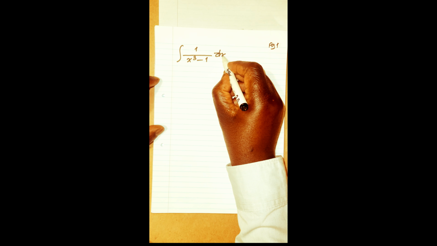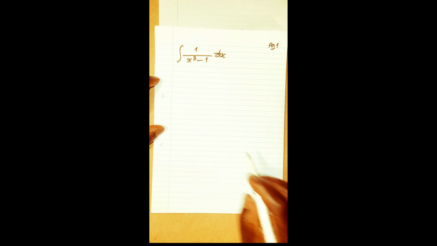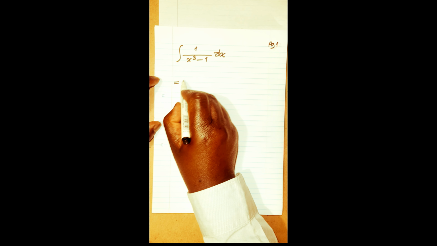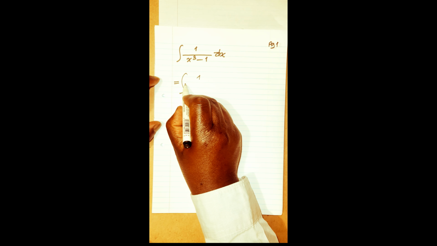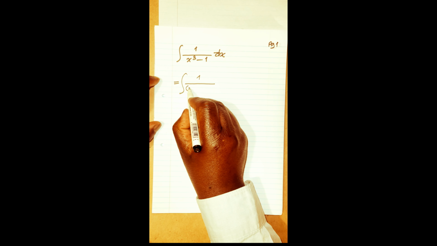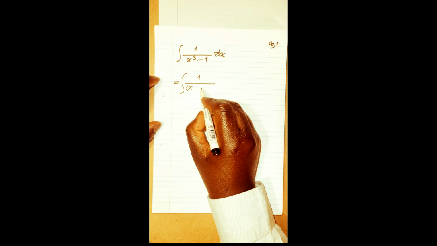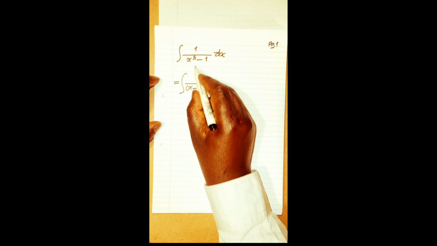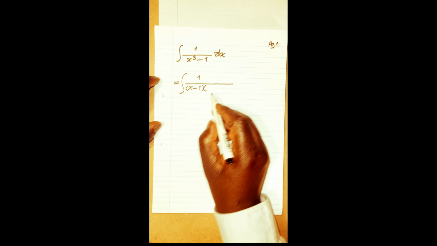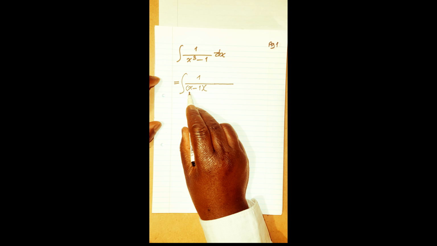Now, if you look at the denominator there, we have the difference of two cubes. Factorizing this is how we do it. 1 all over, the cube root of x cubed is x. The cube root of 1 is 1. In one bracket, we maintain that minus sign. And then we get to the other bracket. We take this, we square it.